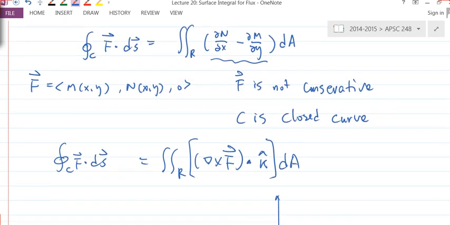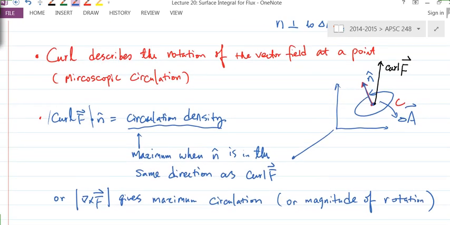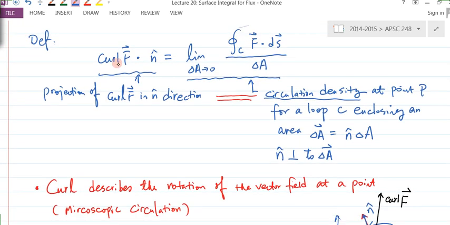Have we just gone through this? By definition, del F dot n hat. If you change the n to k, that's del F dot k hat. What does this quantity mean again? It's the circulation density at a certain point.